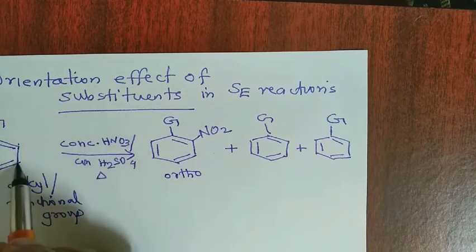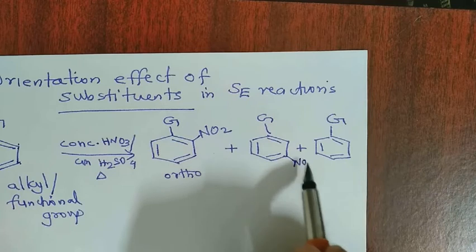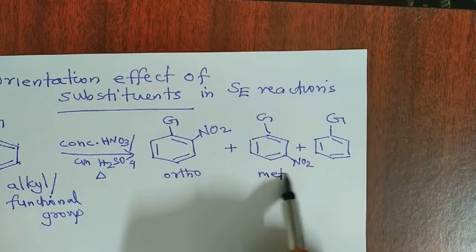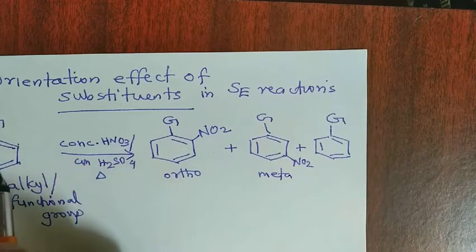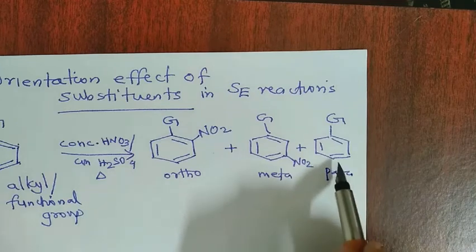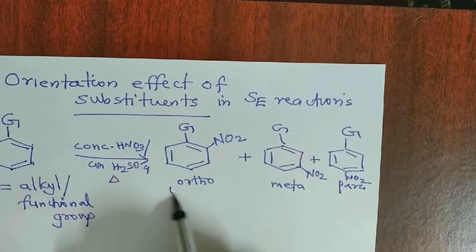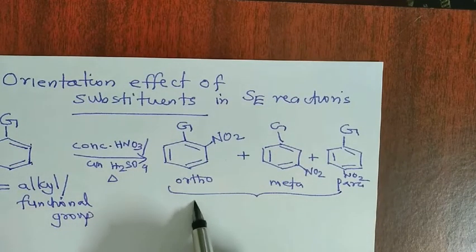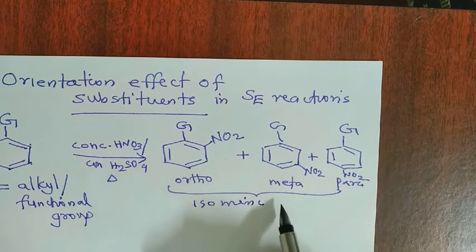The nitro group may be on the alternate carbon atom, that is the meta substitution product. The electrophile may be at the para position. So, three types of isomeric substitution products are theoretically possible.